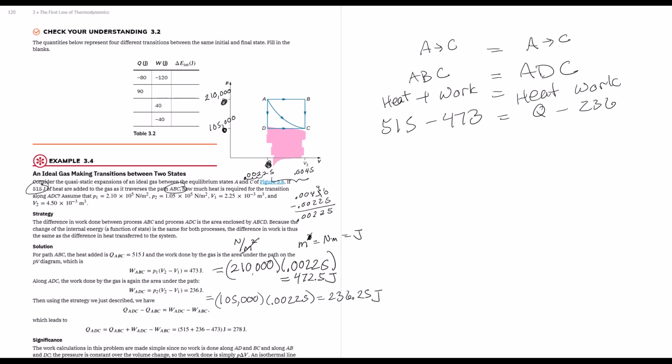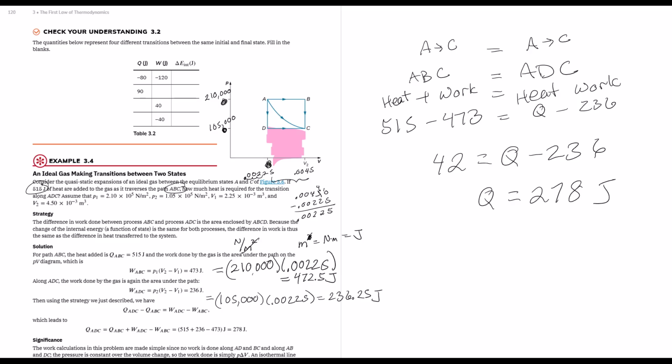So the 515 minus the 473, I'm going to lose a little bit of precision because I'm doing this on my phone instead of my real calculator, plus 236. So Q is about 278 joules.